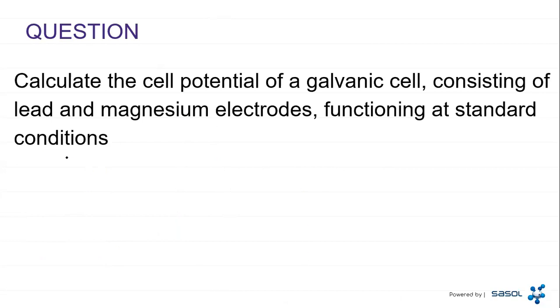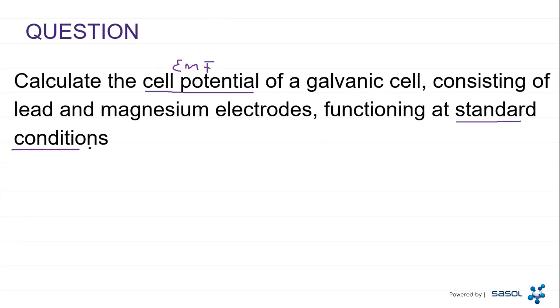Then let us do a question. A question says, calculate the cell potential. Number one, my dear learners, when you talk about the cell potential, we are talking about the EMF. So we're calculating the cell potential of a galvanic cell consisting of lead and magnesium electrodes functioning at standard conditions.